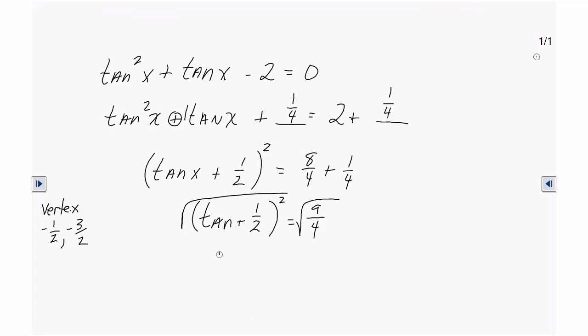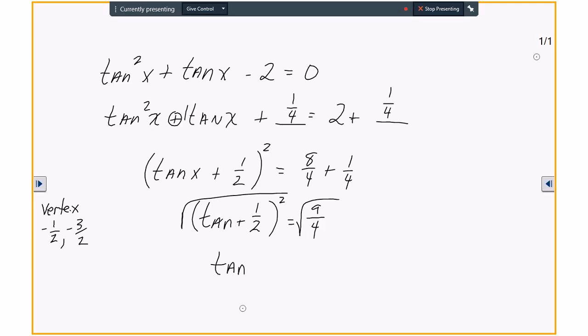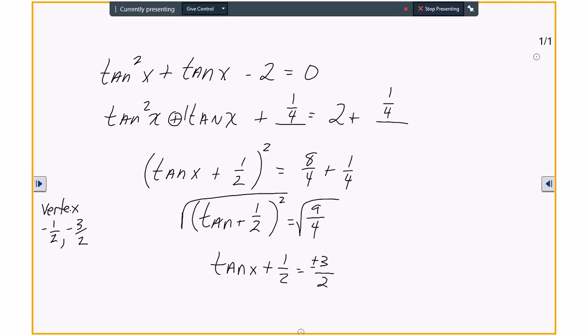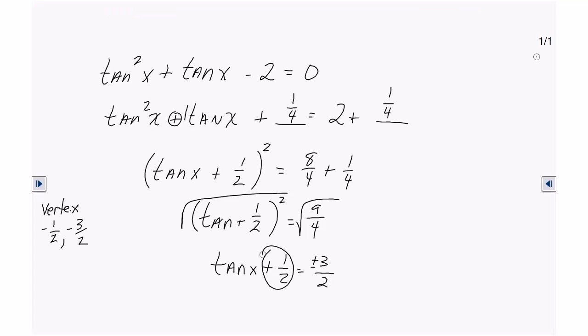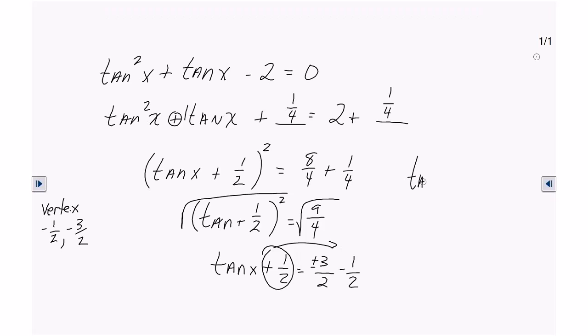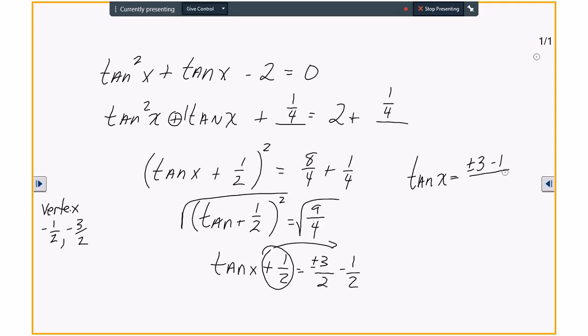That's going to be tangent of x plus 1/2 is equal to positive or negative 3/2. Bring this over. Minus 1/2. So tangent of x is equal to positive or negative 3 minus 1/2.